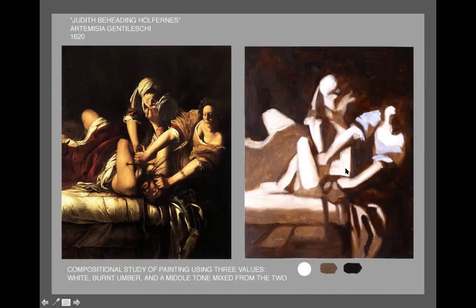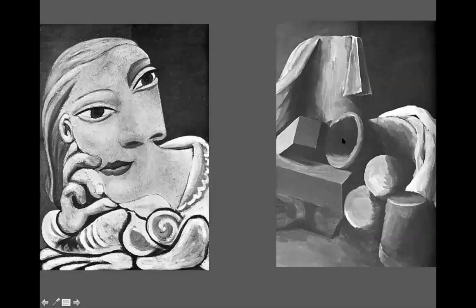Okay, so what I mean by that is this is going to be a kind of guide, a kind of foundation for your painting. So something like this. I got this from a drawing book. This is a similar study. So a student did a composition study of this Picasso painting.